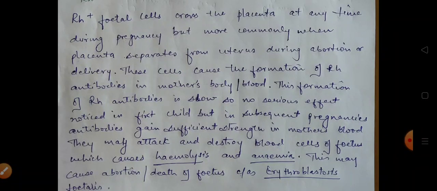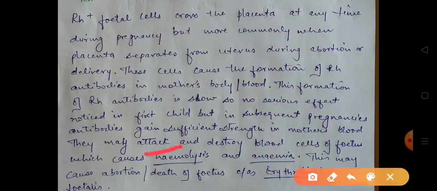When the mother conceives a second time or a third time, or is going to deliver a baby, during that time, due to the increased strength of these antibodies, the blood cells of the fetus are destroyed, because they are attacked by these antibodies. This causes destruction of the RBCs, resulting in hemolysis.